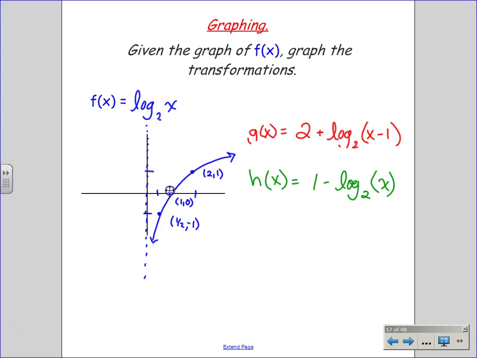Okay. You're allowed to reach out in your groups if you want. I want you guys to graph G and graph H. Maybe 2 different colors. Graph G and graph H, using the representative points of the parent function and using the asymptote. Those are good. Okay. Thanks, Rachel.